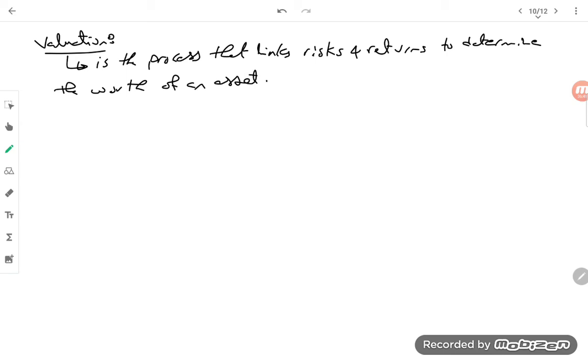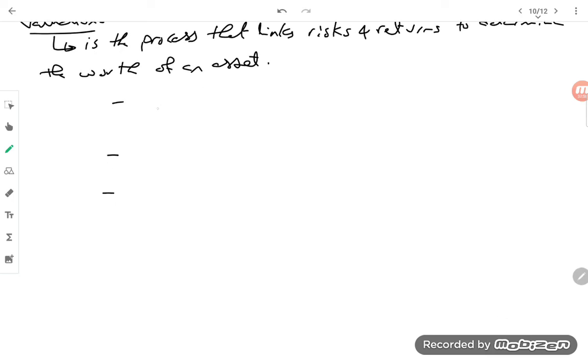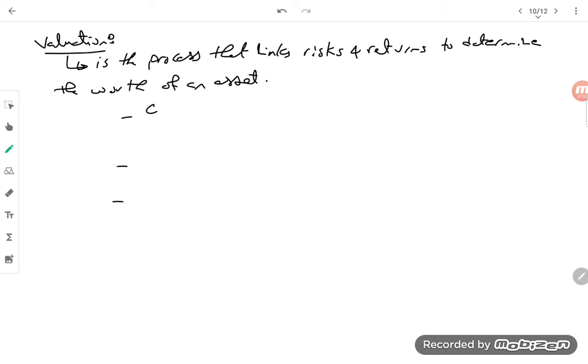There are three key inputs to the valuation process. Number one, cash flows. Number two, timing. And number three, a measure of risk, which determines the required return.